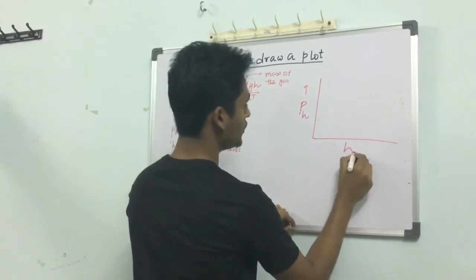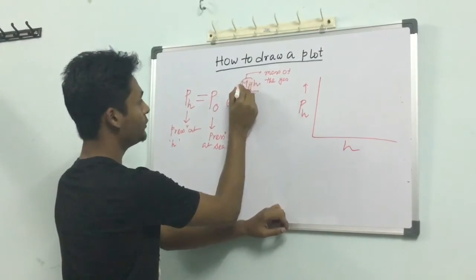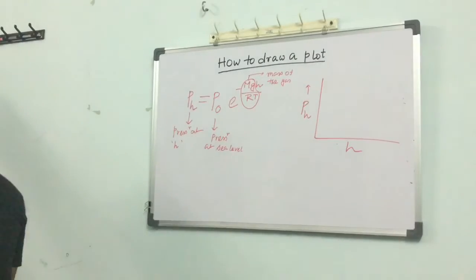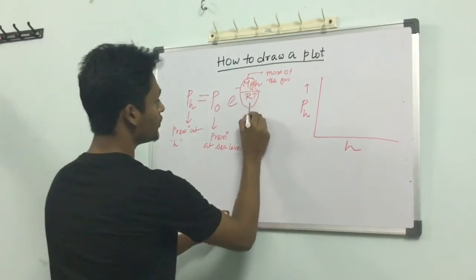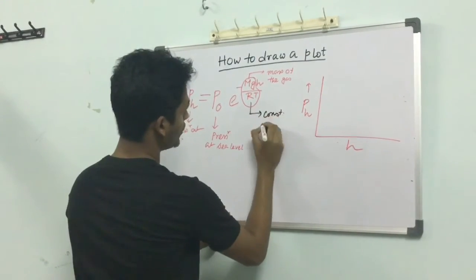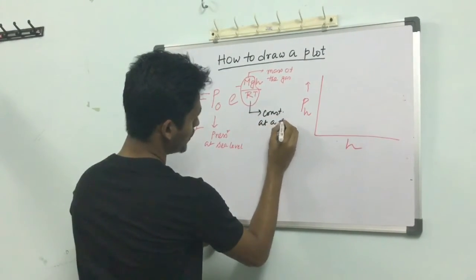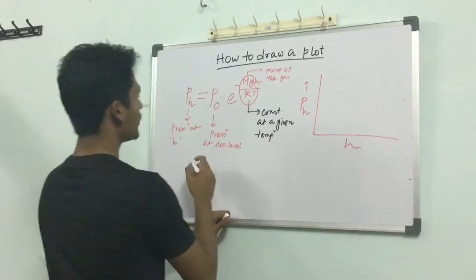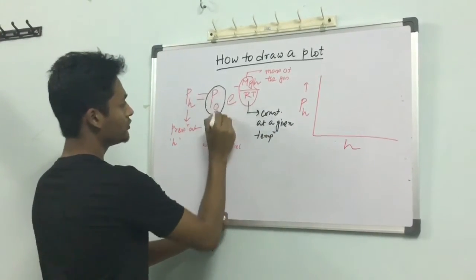Basically this part, mg by RT, is constant for drawing h at a given temperature, and this is also a constant.